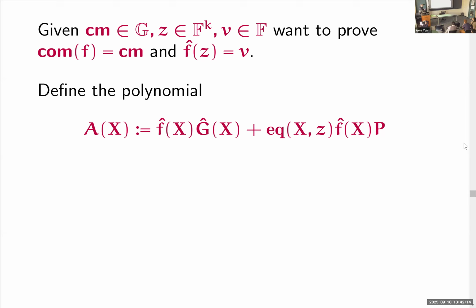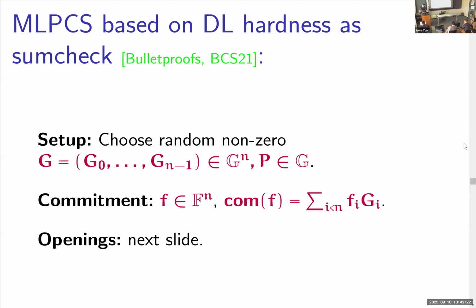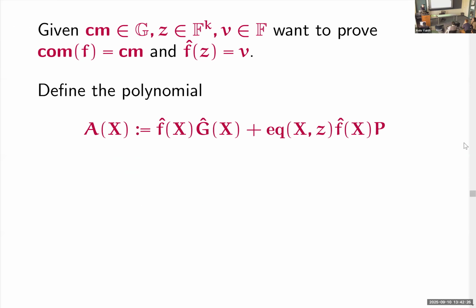The main thing to typecast is that we chose these n generators for our Pedersen commitment, and now we're thinking of G hat, the multilinear polynomial with coefficients in the group whose values on the Boolean cube are these n generators.